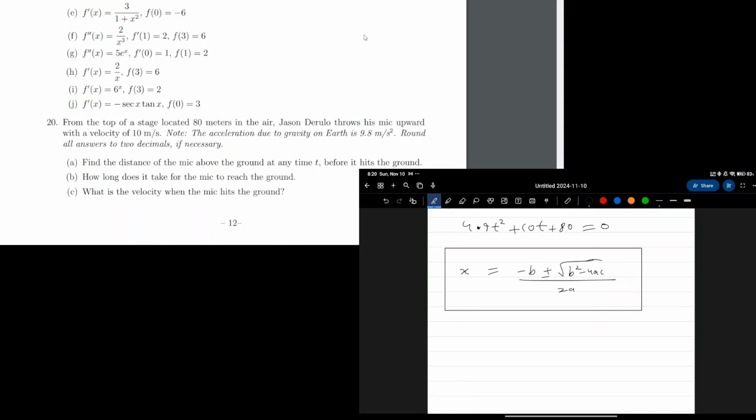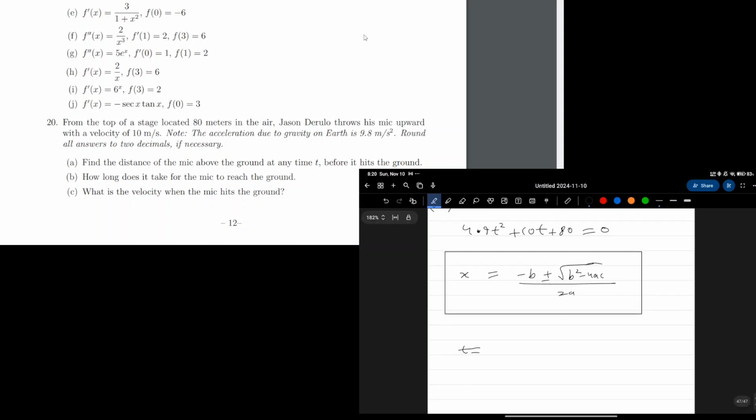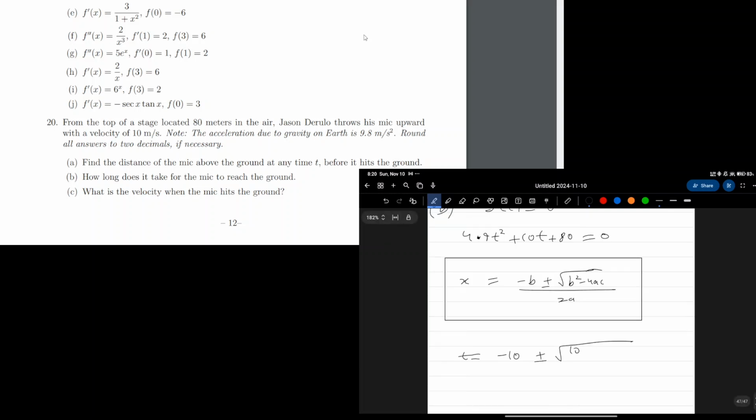All right. Now let me find the t's. So it's minus b, minus 10 plus minus root 10 square minus 4 times 4.9 times 80. Now, don't get scared by this. You don't have to do the calculation.